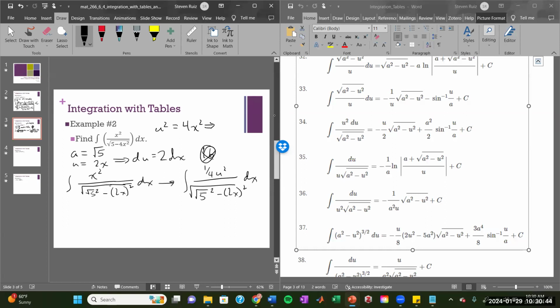Since u equals 2x, u squared equals 4x squared, which means that 1/4 u squared equals x squared. That is how I'm making that substitution for x squared.